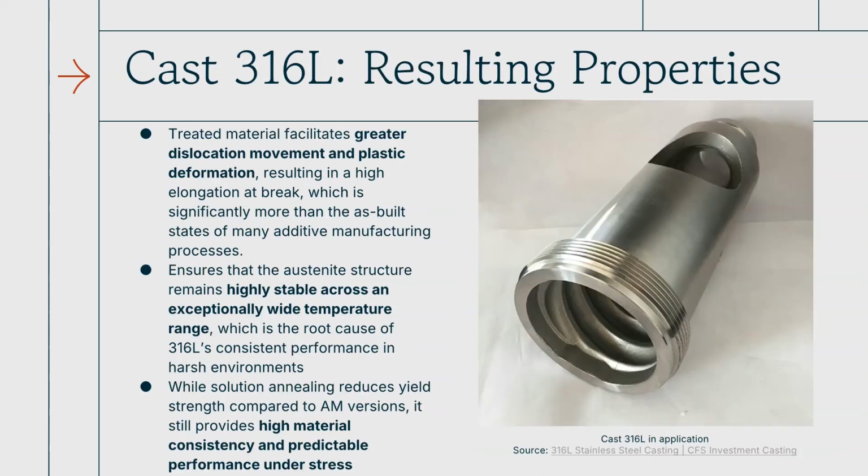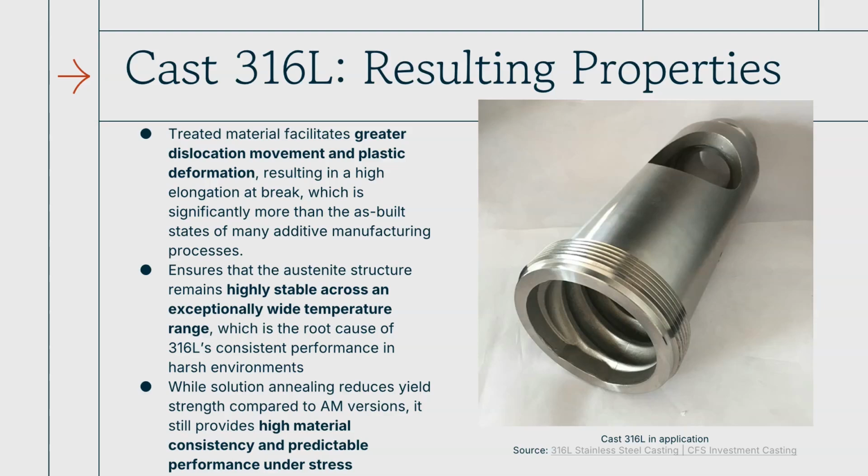Here are the resulting properties of the cast 316L. This is a diagram of a piece of equipment hardware manufactured using the cast 316L stainless steel. The treated material facilitates greater dislocation movement and plastic deformation, as seen in the higher ductility.